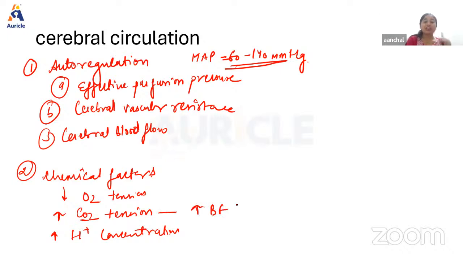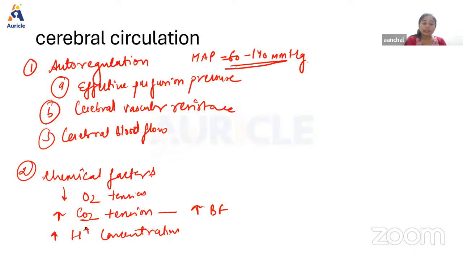Right? Whenever there is a moderate increase in carbon dioxide tension, it will not alter the blood flow, due to the process of autoregulation that we have already done. So when the arterial partial pressure of CO2 rises above 45 mmHg, at that time there will be an increase in cerebral blood flow.